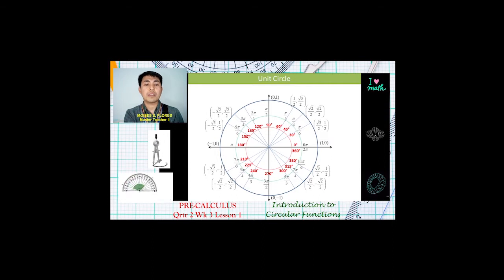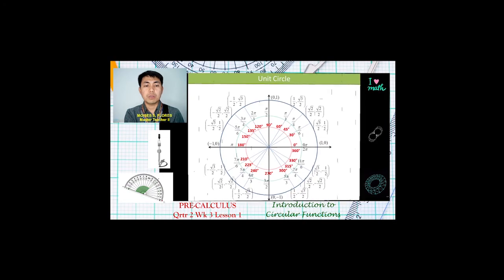We have 1/2, square root of 3/2. It's just a reflection again to the other side. For other quadrants, negative 1/2, square root of 3/2. Negative 1/2, negative square root of 3/2. And of course, 1/2, negative square root of 3/2. So that is the coordinates of our unit circle.